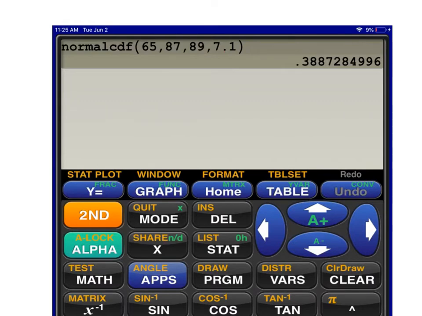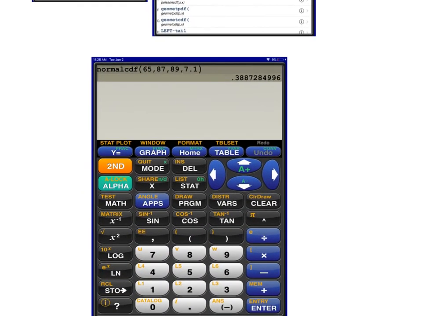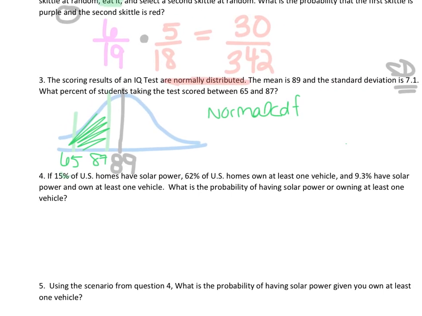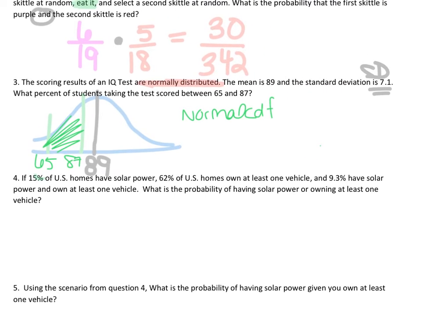To do that, you're going to have to use the commas. So the comma is right here. So I did second vars, I chose normal CDF, and then I did 65, comma, 87, comma, 89, comma, and 7.1. And then I got 38.87, and they're asking you what percent, so I'm going to say 38.87%.